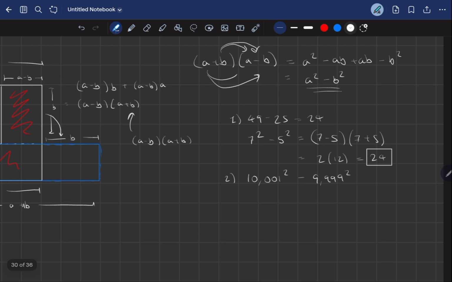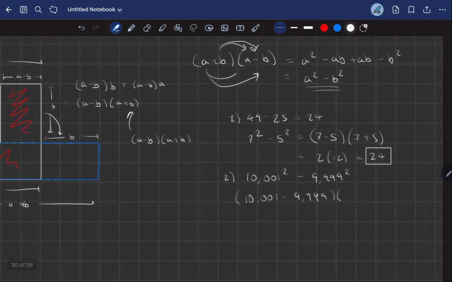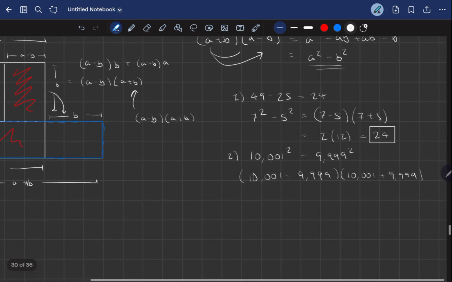Again, I can just rewrite this as 10,001 minus 9,999 times the sum of these two, 10,001 plus 9,999, and the subtraction is just going to be 2, and this is just going to be 20,000, and this is 40,000. And clearly this is a lot easier than doing 10,001 squared and then subtracting 9,999 squared. Okay?